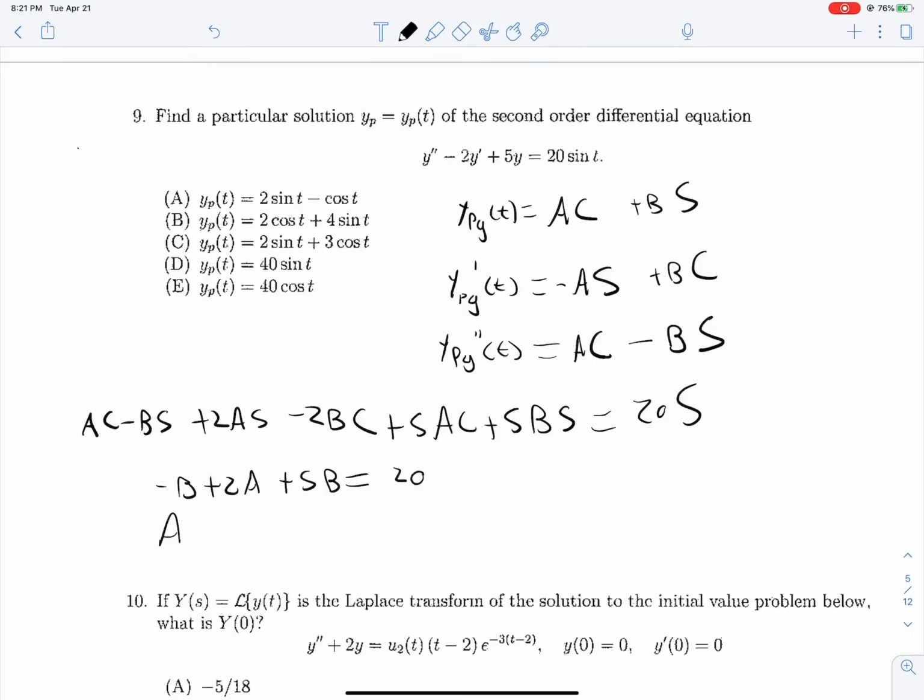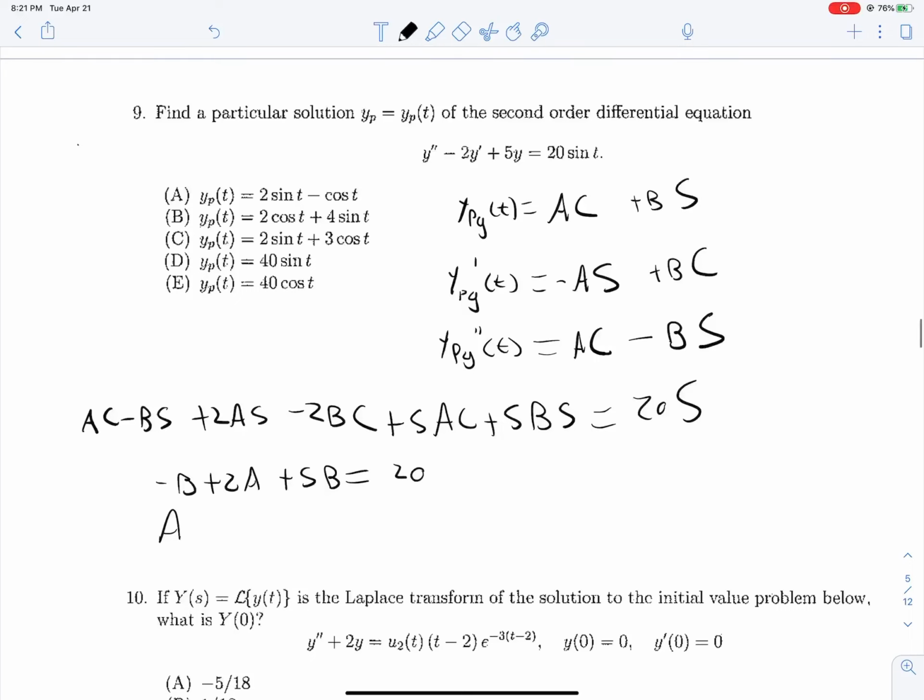That's a minus 2b plus 5a is equal to 0. So making a matrix out of this, 2a plus 4b is equal to 20, simplifying that a little bit. And then 4a minus 2b is equal to 0, so 2, negative 1.